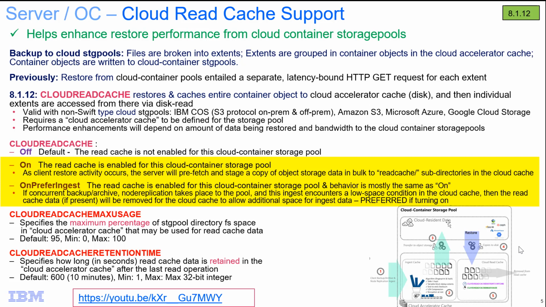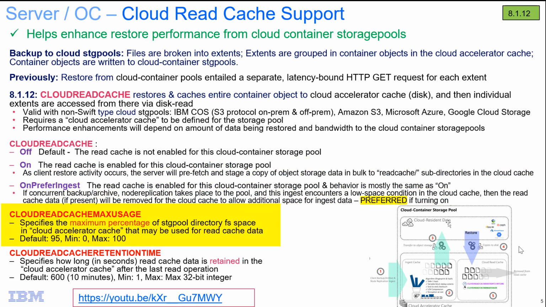What that does is the read cache is going to be enabled if a concurrent backup, archive, or node replication takes place to that Cloud Accelerator cache, and we find ingested restore data there. And during this backup, archive, or node replication, if we start running low on space in that Cloud Accelerator cache, then we will remove a lot of the restore data from the cache to free up space and make sure that the backups or replications are successful.